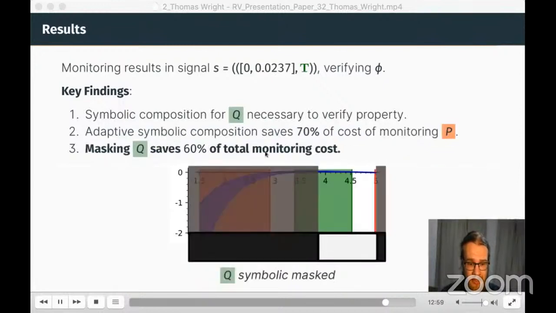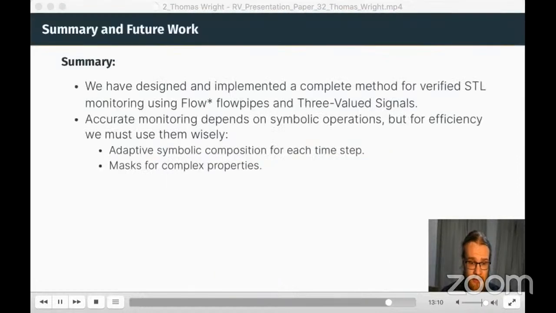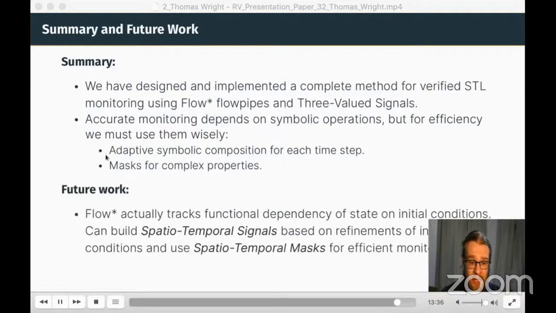And when we reach Q, using an appropriate mask saves 60% of the total monitoring cost for the whole property. So, in conclusion, we've designed and implemented a complete verified monitoring algorithm for STL using Flowstar flowpipes and free-valued signals. And we found that our use of symbolic operations throughout was crucial for the most precise monitoring, but for performance we need to use this wisely via adaptive symbolic composition and masks.